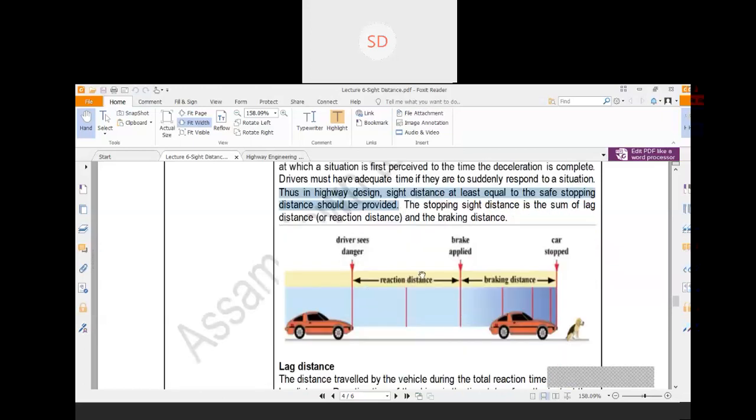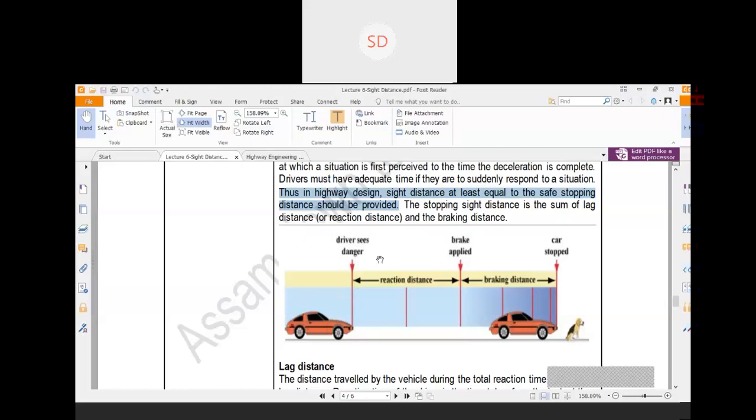Now, as for the sight distance, first the driver has to think about the situation within the reaction time. Within that reaction time, the vehicle will move forward with the design speed.